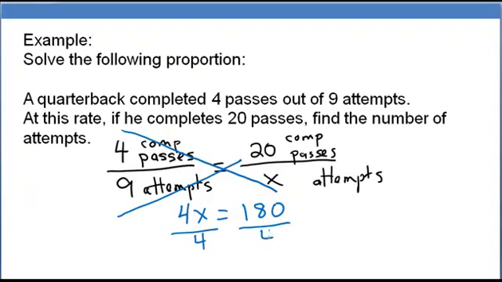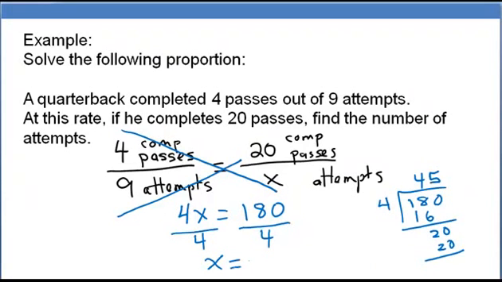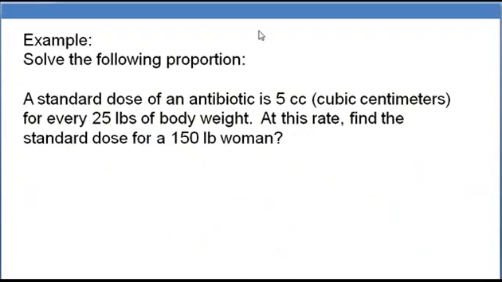So divide by 4. So x will equal 4 into 180, and that will be 45. X equals 45.